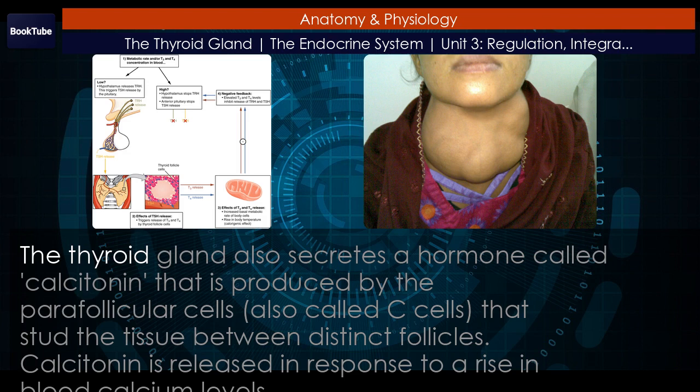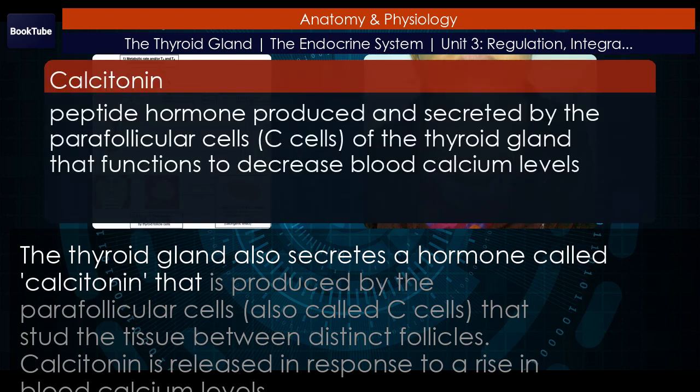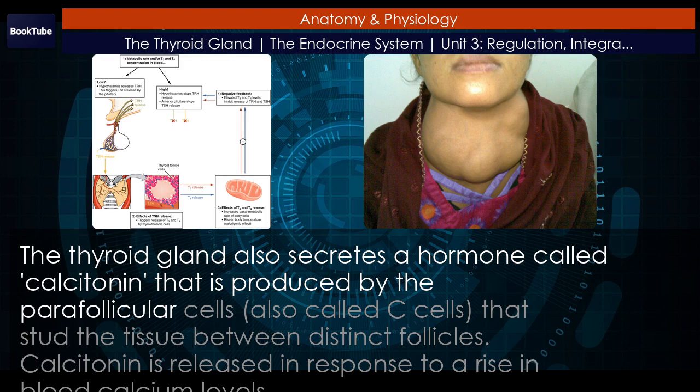Calcitonin. The thyroid gland also secretes a hormone called calcitonin that is produced by the parafollicular cells, also called C cells, that stud the tissue between distinct follicles. Calcitonin is released in response to a rise in blood calcium levels.